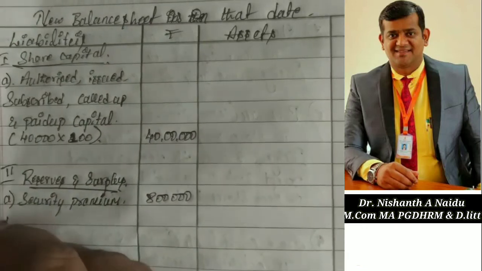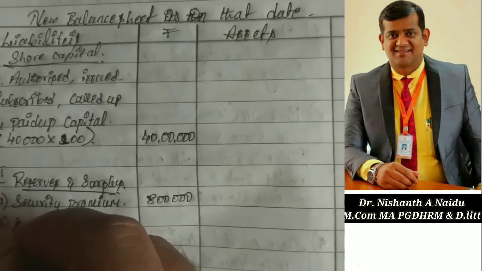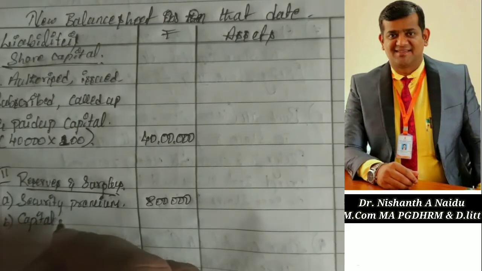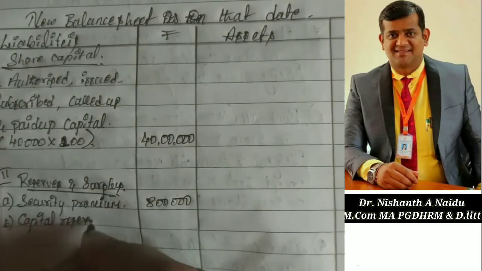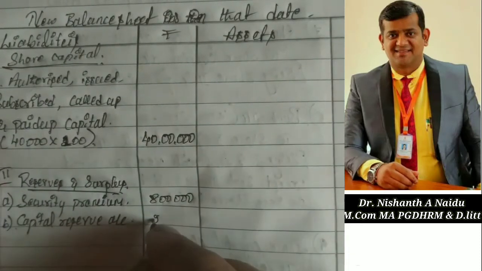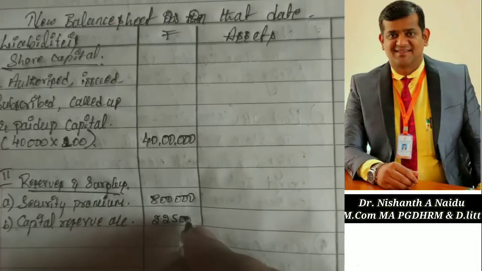Okay, next point B is capital reserve account, that is the last journal entry amount, 2,25,000.